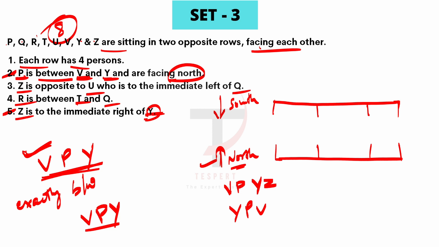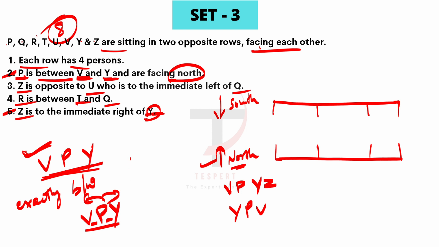If I say P is exactly between V and Y, then the spaces to the right side of P must be the same number as the spaces to the left side of P as well. So if there is one space between P and Y towards the right hand side, there must also be one space between P and V towards the left hand side. Or if there is no space, then there is no problem. Then also it is exactly between.